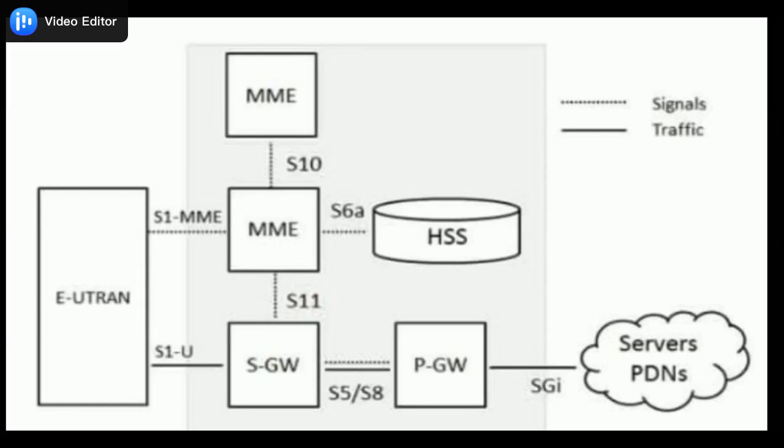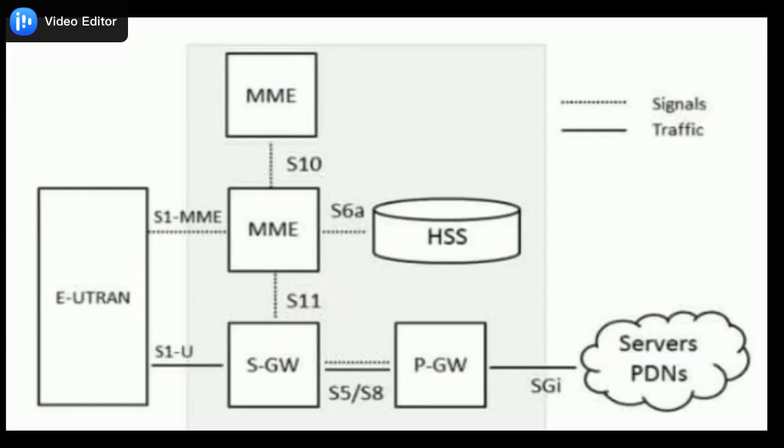Okay, now we make a comparison between EUTRAN and the EPC. The EUTRAN functions are intercell RRM, RB control, connection mobility control, radio admission control, eNodeB measurement configuration and provision, and dynamic resource allocation scheduler.